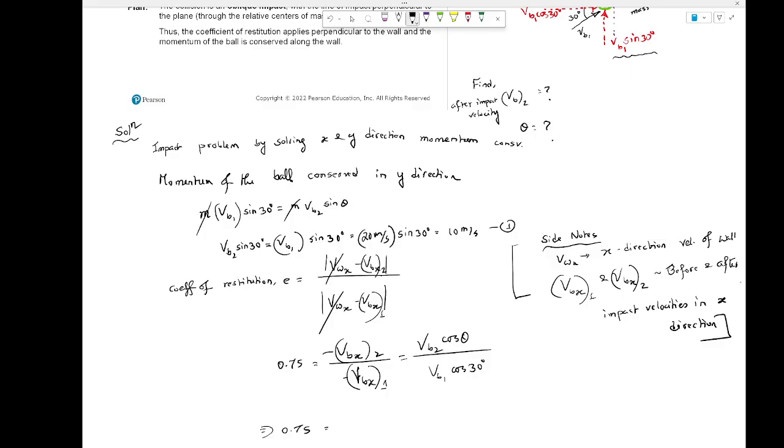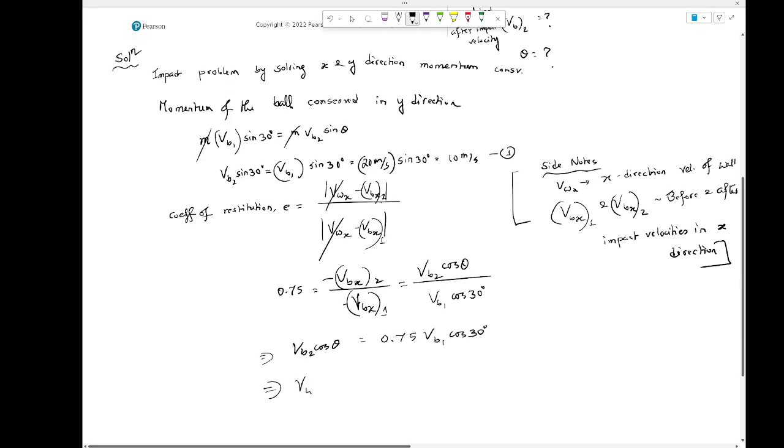Let me rewrite it this way: VB2 cos theta equals 0.75 VB1 cos 30. Then I would be writing VB2 cos theta equals 0.75, this 20 meters per second, and cos 30.